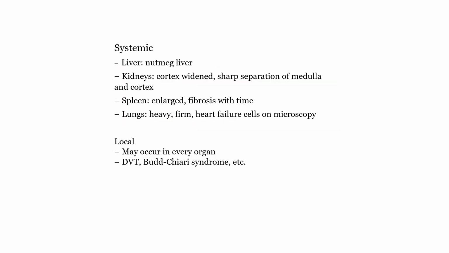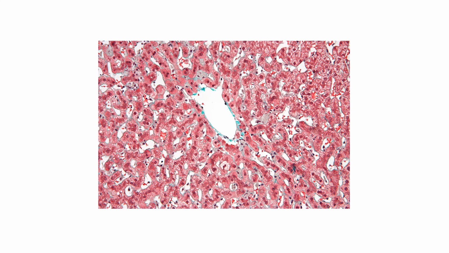Of course, congestion could be systemic or localized. Systemic, like congestion in the heart, in the liver, in the kidney, in the spleen, in the lung, regardless of the cause, you have obstruction of the circulation. For example, this is a microscopic image taken from the liver parenchyma.